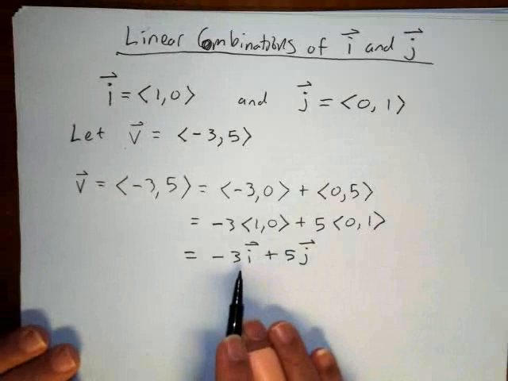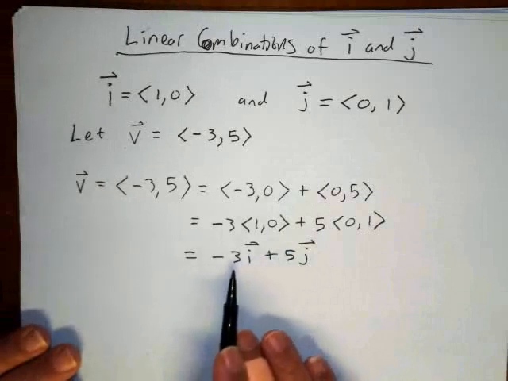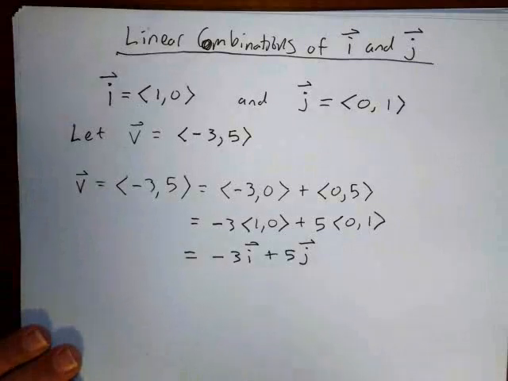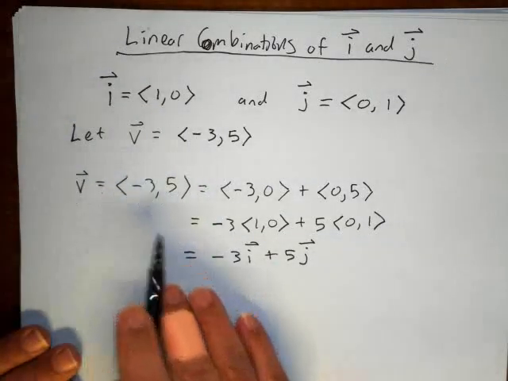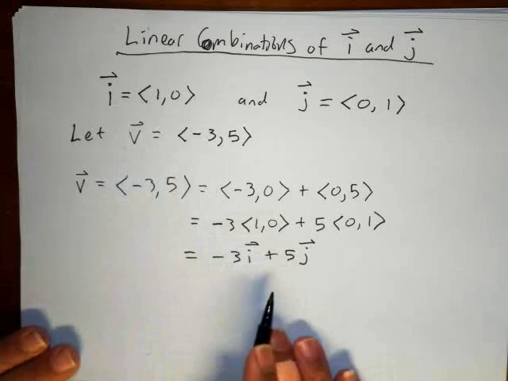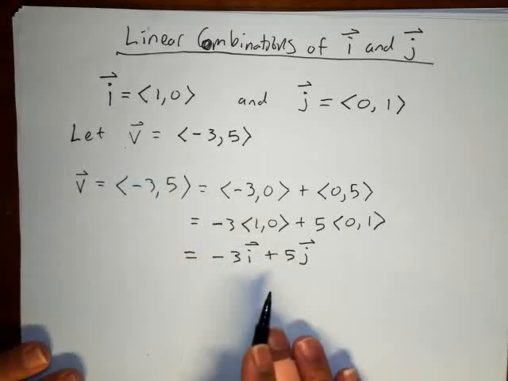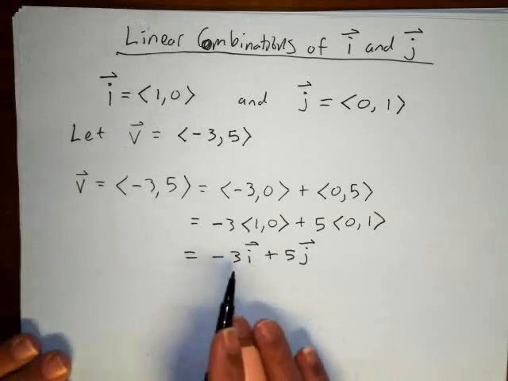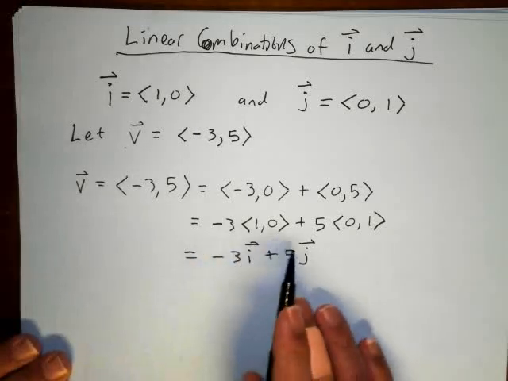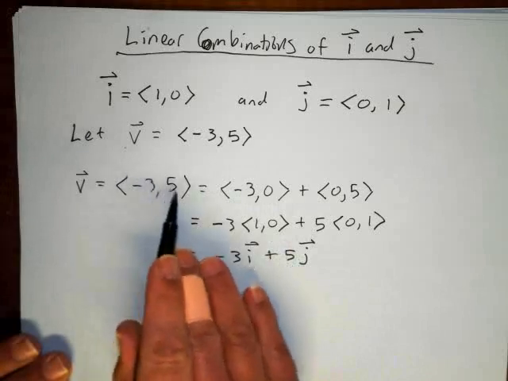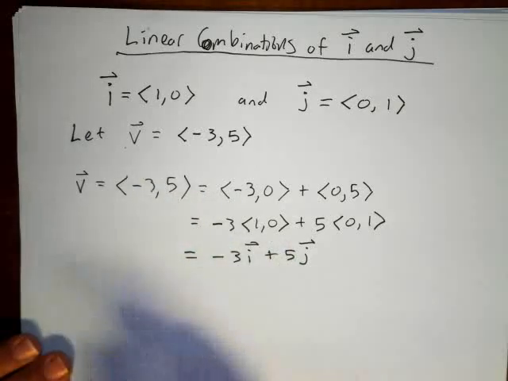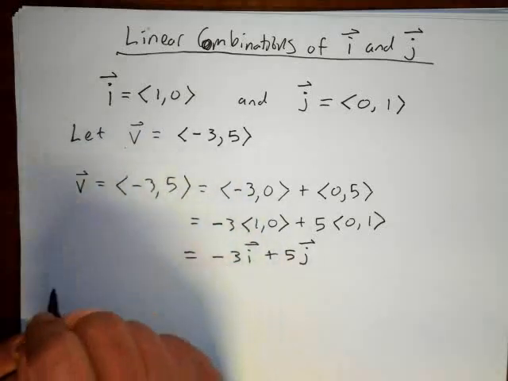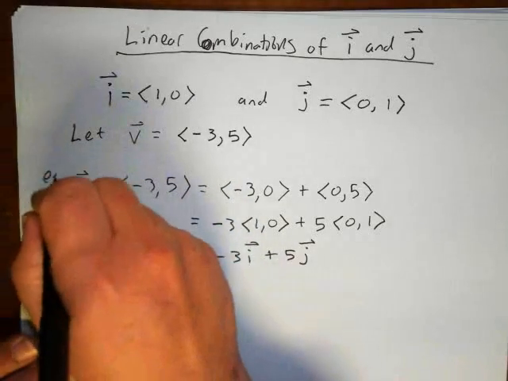A linear combination is just where you have a scalar times a vector plus a scalar times a vector. And in this case, any vector can be written as a linear combination of i and j. It's very easy because the scalars on i and j are just the components of the vector. So let's try another one.